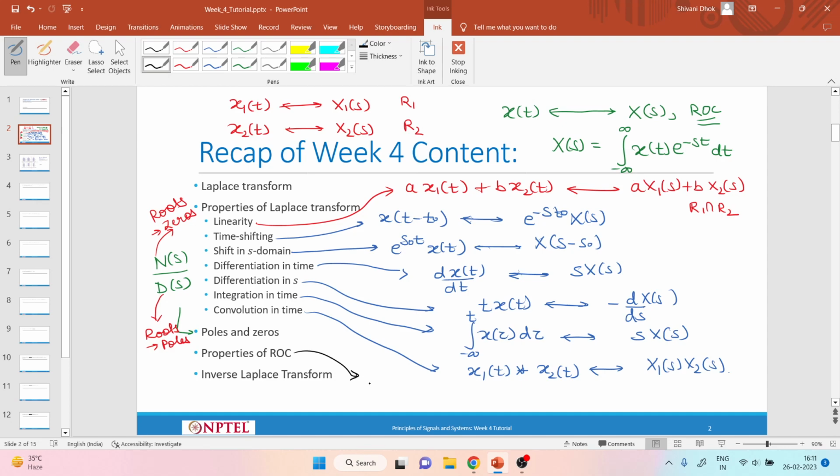That is, if my signal is right handed, then in that case my ROC will be something like this: real part of s greater than sigma max. And if the signal is left hand sided, then my ROC will be of the form real part of s less than sigma min.